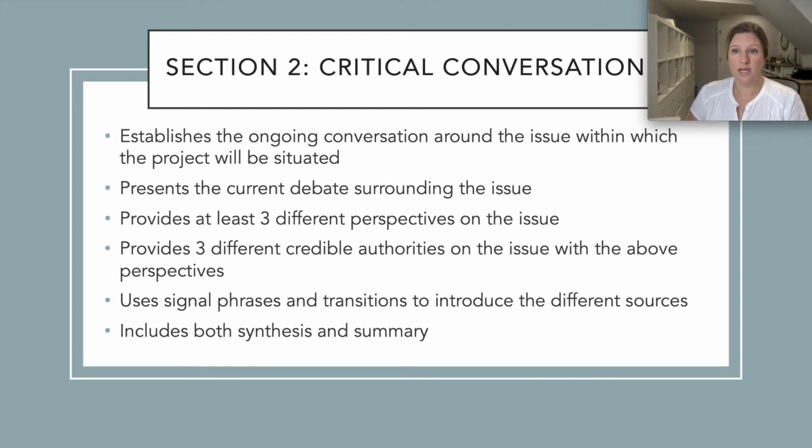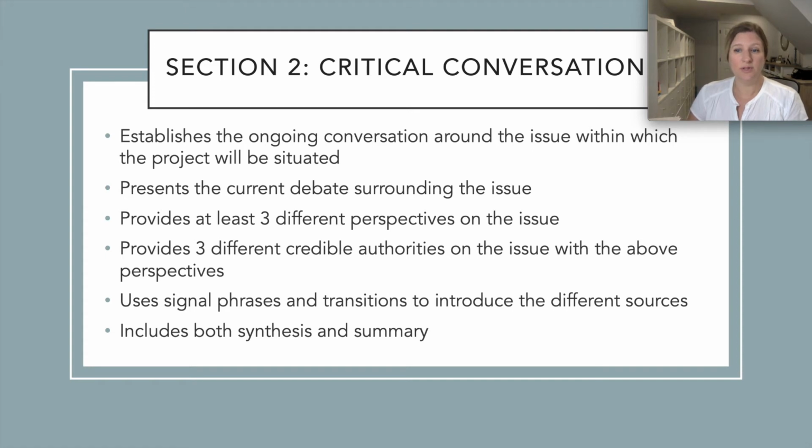So if you were to say, gun control, yes or no, youth violence and mass shootings are a much more nuanced conversation than just saying, gun control, yes or no. While gun control is certainly an important topic, even that topic is more nuanced than just yes or no. So I'm asking you to look for a more compelling and nuanced and complicated aspect of the particular issue that you've chosen, which is why I ask you to present at least 3 different perspectives on that.